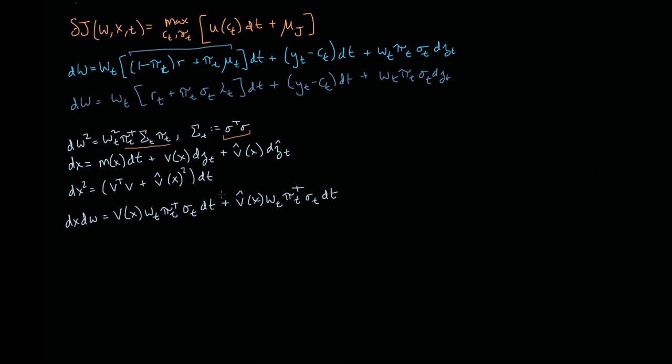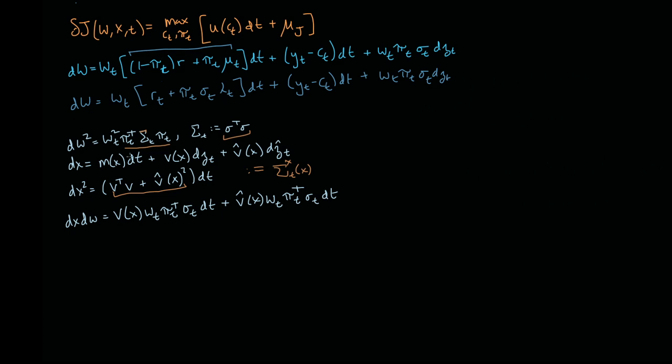So that's that. And then this thing here, v transpose v, v hat x squared, we can also define as sigma_x of x. So that'll just be a little less writing.